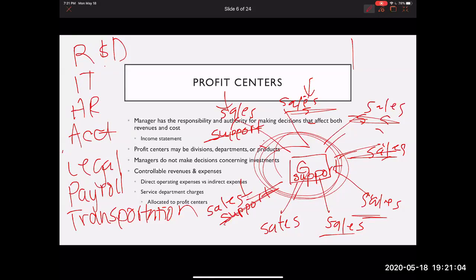So say for instance, there's a total of $20 million that was used up from R&D, IT, HR, then they're going to allocate it based on their usage. Everybody with me? Hopefully you're saying yeah. So at the end of the year, this $20 million will not be in corporate. It will be allocated or given out to each of these departments.